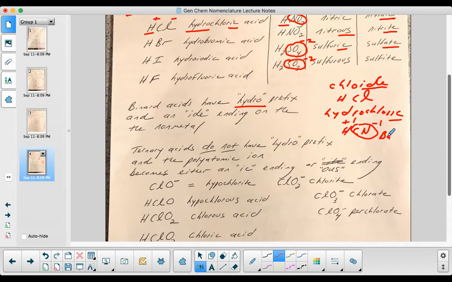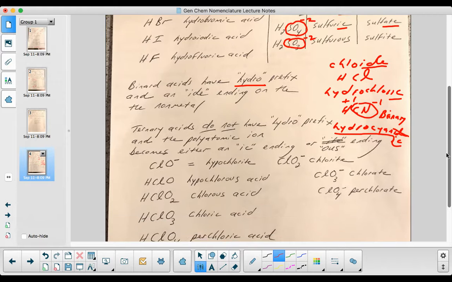And if it's in the binary naming system, then this one would be hydrocyanic acid, because the CN -1 charge is a cyanide. Sorry, it's a little messy there.